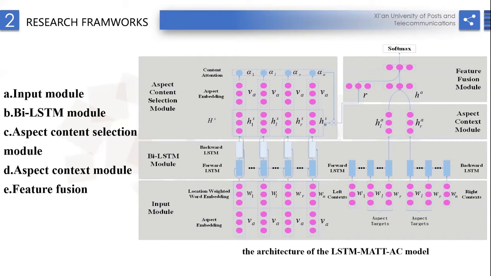The last hidden states of the forward and the backward are concatenated to generate the feature embedding, which contains the context semantic information of the aspect target. The last module is the fusion of the above two feature embeddings to generate the final sentiment feature embedding of the aspect target.